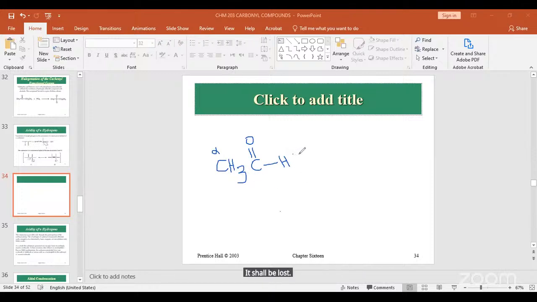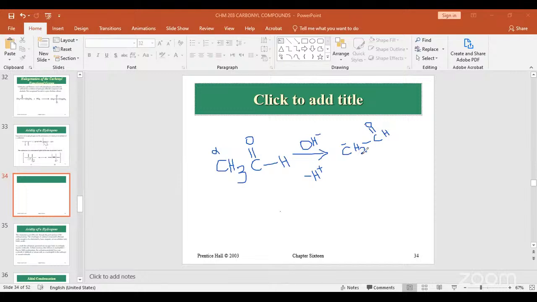In the presence of a base, OH minus, you can have it losing H plus and becoming CH2 negative, and then everything else remains.